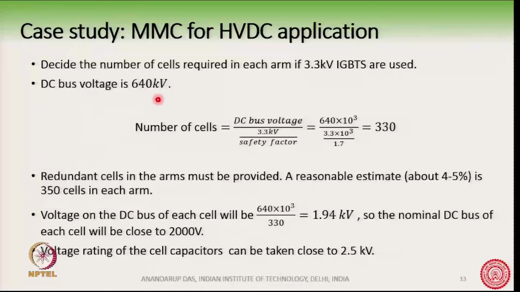Now, the DC bus voltage is around 640 kV. So, the number of cells we can choose is the DC bus voltage divided by 3.3 kV, times a safety factor, which gives us about 330 cells if we use 3.3 kV IGBTs.